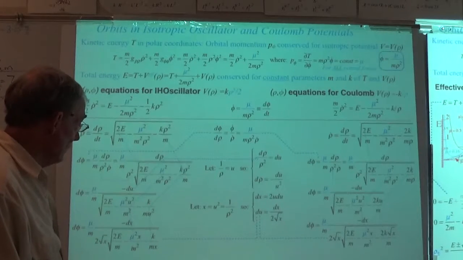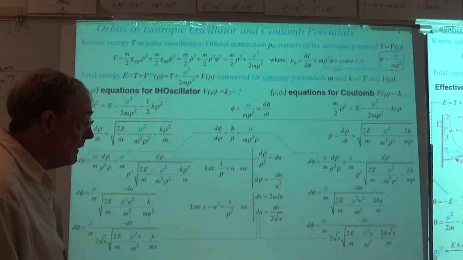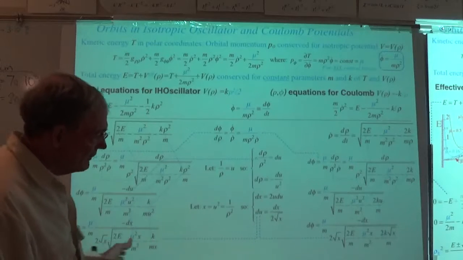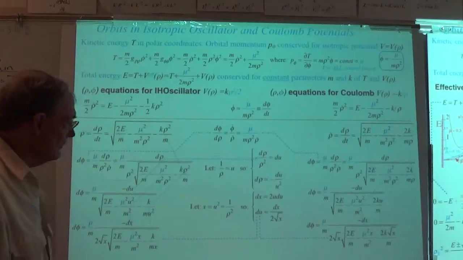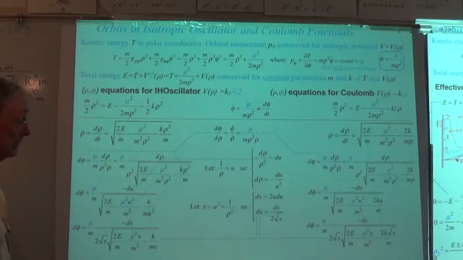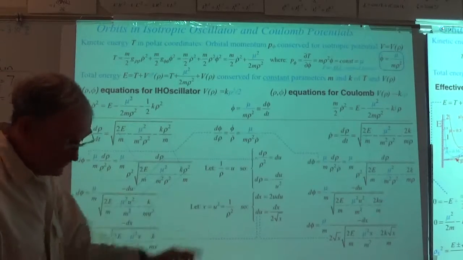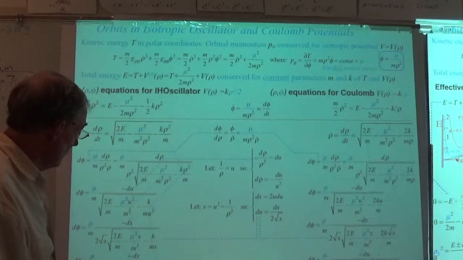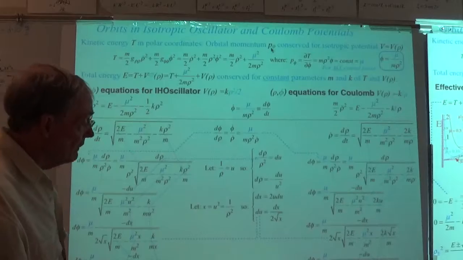Now, let's see if I've got anything I can say. The mysterious E to K and K to 2E is not something that survives at this point. And I guess that's to be expected because they're very different ellipses, centered, not centered. But anyway, they're equations that we could deal with fairly nicely.